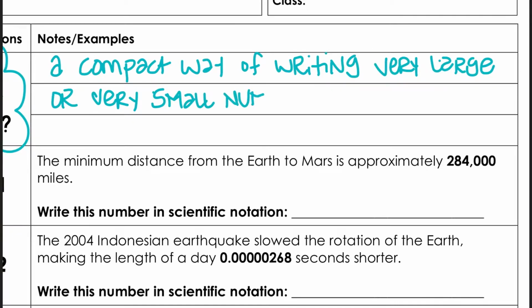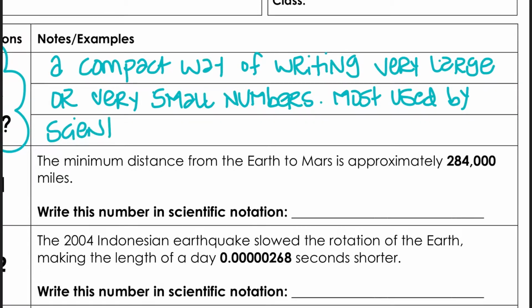And it is most typically used by scientists and mathematicians.